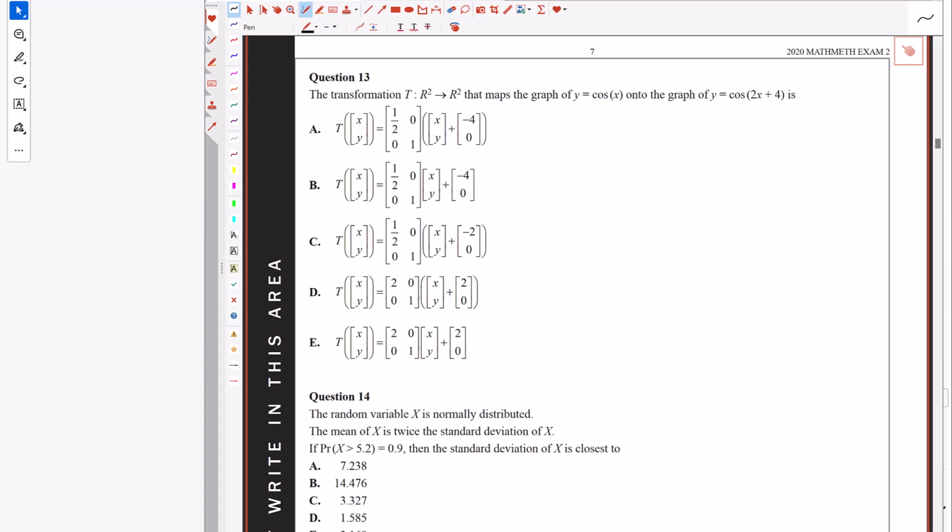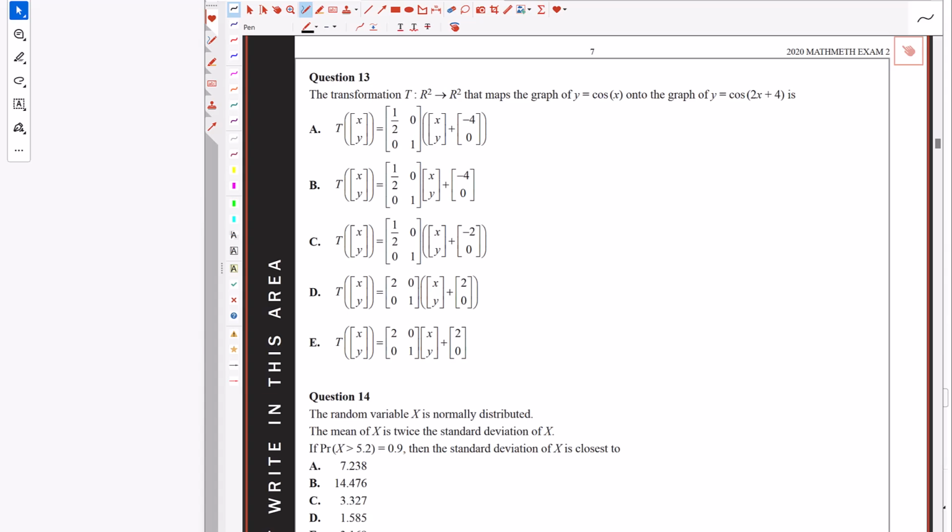So in 2024, there are no longer any matrices on the study design, although this was a perfectly accessible question in 2020 and all the way up to 2022. This is a question about transformations, and we could still answer it. We would just be presented with this information in a different format.